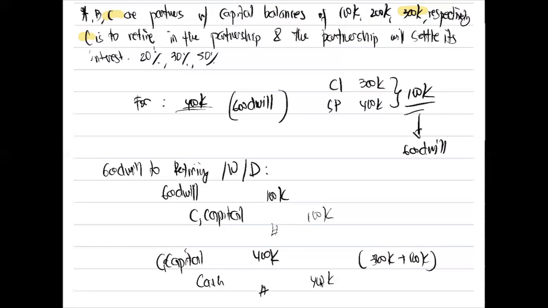So again, the problems will revolve around how we compute the amount of our settlement price, our capital interest, and also how we compute the ending capital balances of the partners. Okay? So that's it for this particular session. Thank you.